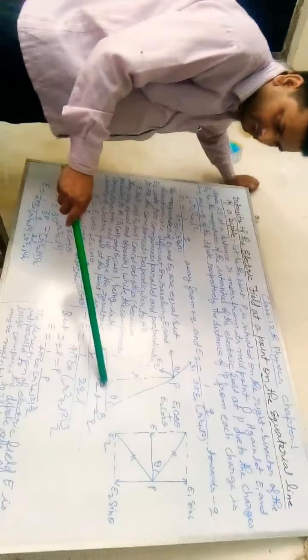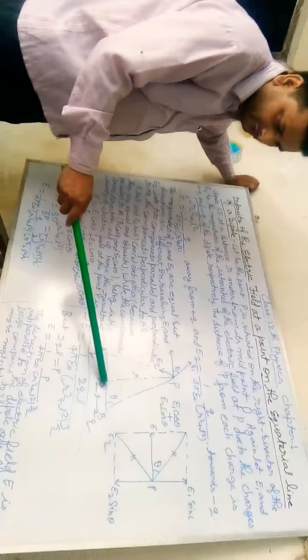Here the distance is under root r square plus L square, and when we square the square root, the root sign will cancel.